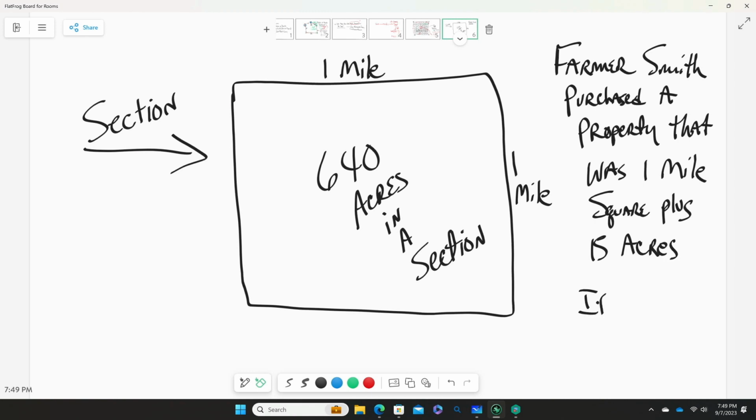If Farmer Smith paid $5,000 per acre, how much did he pay for the property?